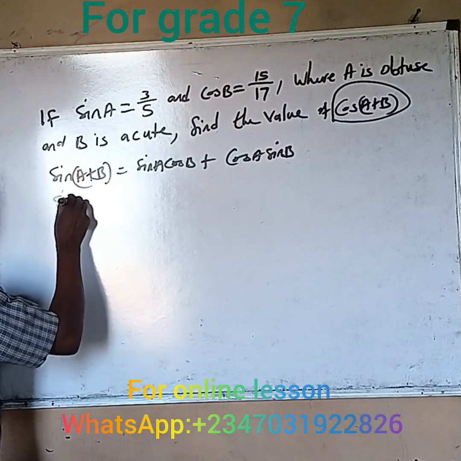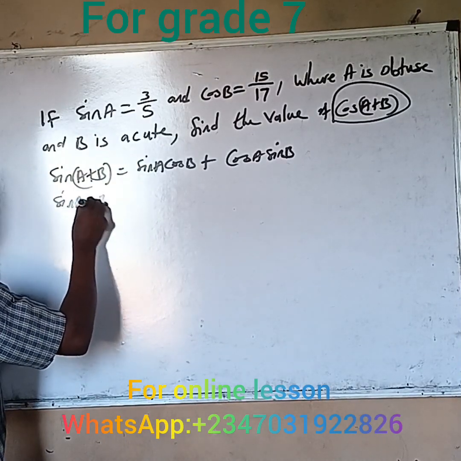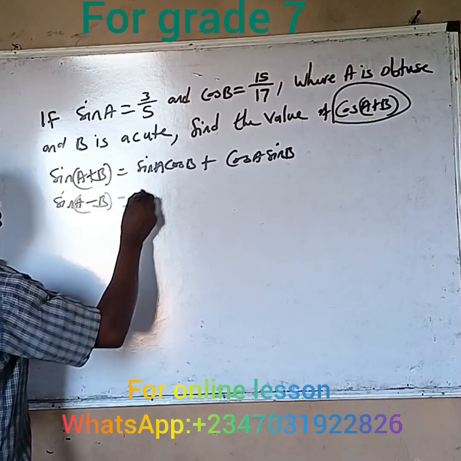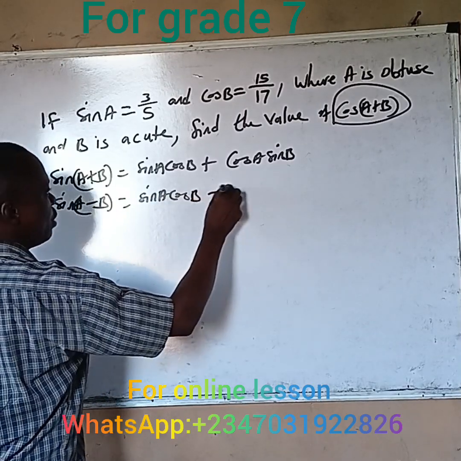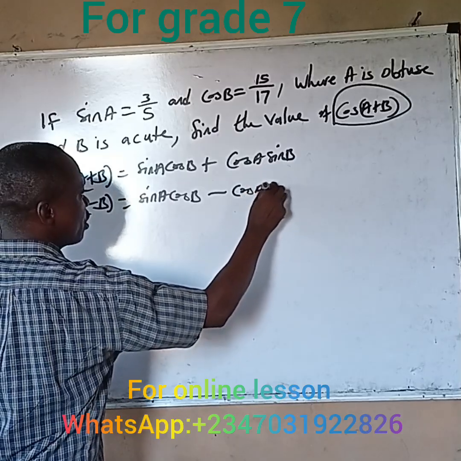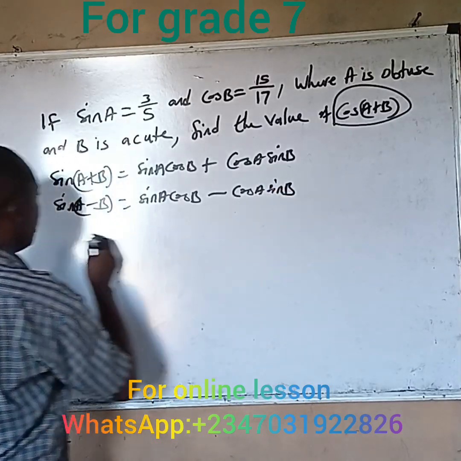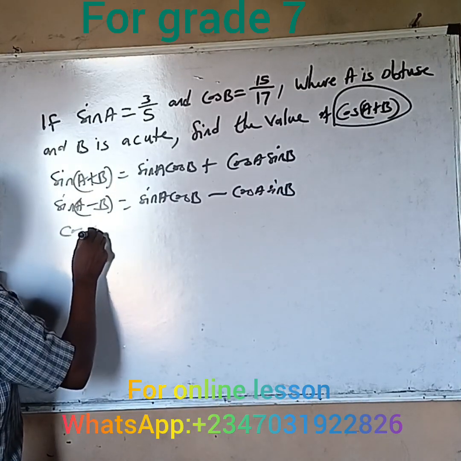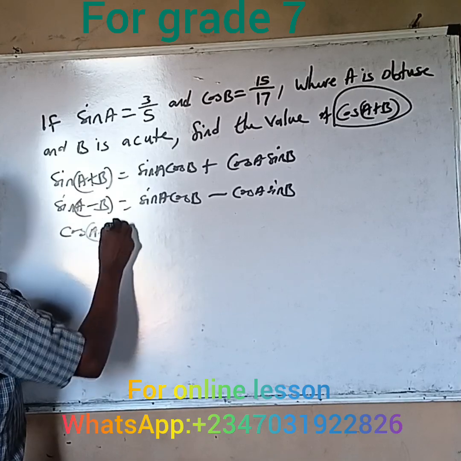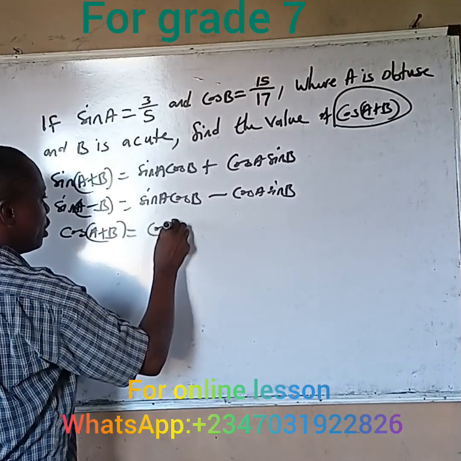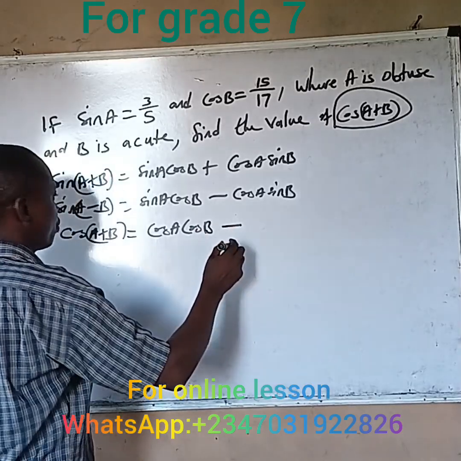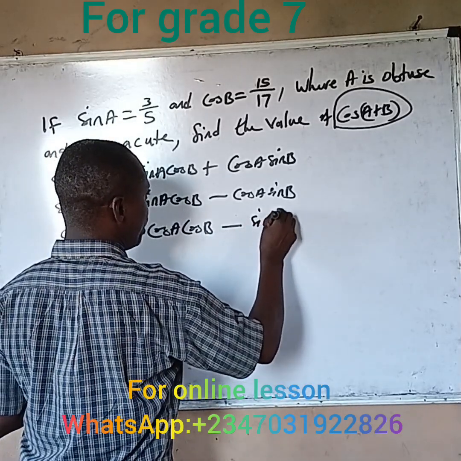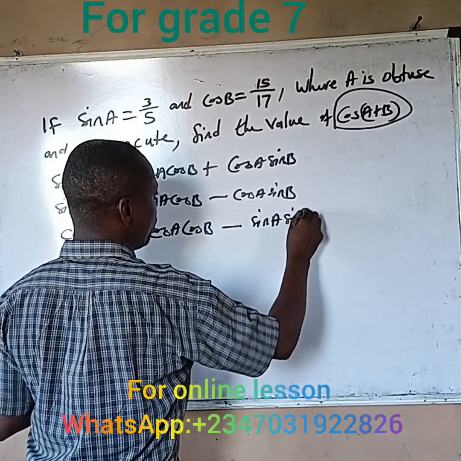If I have sine(A - B), this equals sine A cos B minus cos A sine B. If I have cos(A + B), this equals cos A cos B minus sine A sine B.